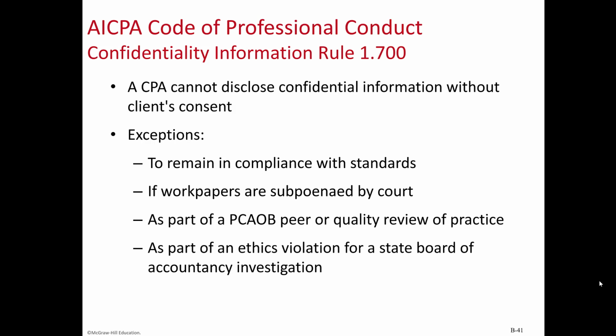You can disclose confidential information if it is to remain in compliance with the standards, if your work papers are subpoenaed by a court, and you're also allowed to disclose confidential information as part of a PCAOB peer or quality review. And also if there's an ethics violation for a state board of accountancy, then you are allowed to disclose confidential information. So please take note of these exceptions.